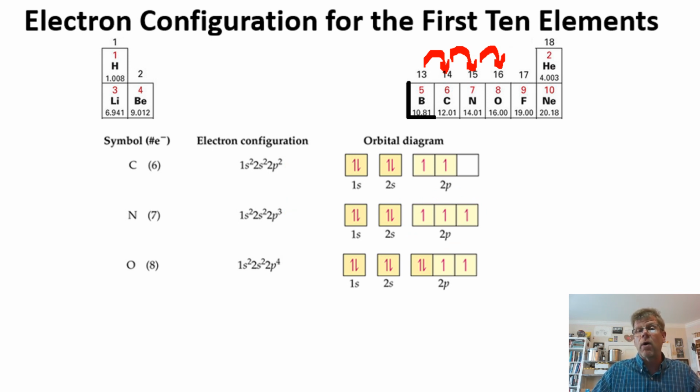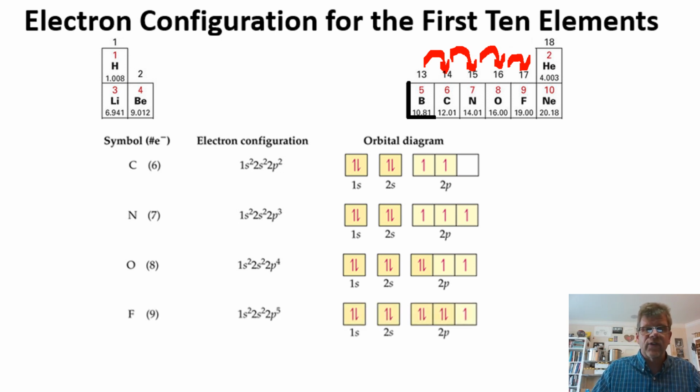We're almost at the end of a row. Going from oxygen then to fluorine with 9 protons, 9 electrons. Notice on our electron configuration, it's exactly as it was before, except instead of p4, we went to p superscript 5. 1s2, 2s2, 2p5.